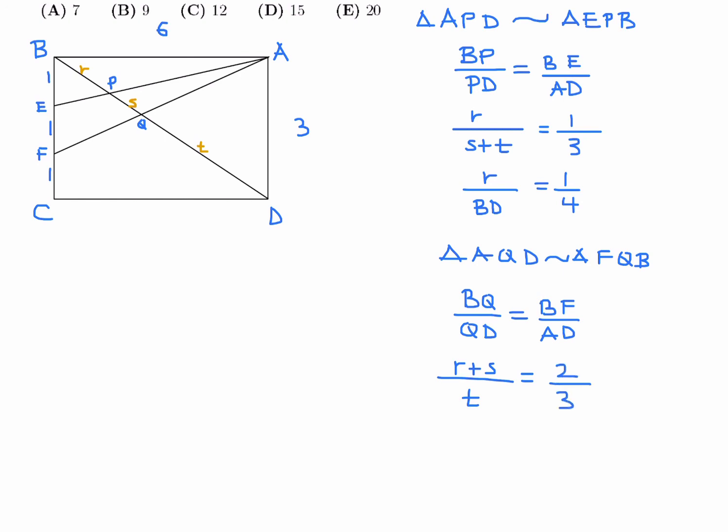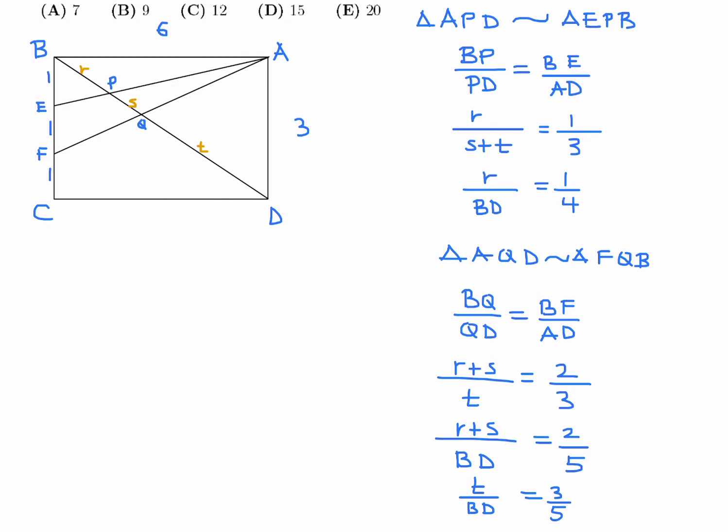So again, in a very similar way, this over this is 2 over 3. So I can conclude that R plus S over the full distance, which is BD, would be 2 over 5. All right. So another thing I can conclude is that T over BD would be 3 over 5. So whichever one you feel is more helpful. I think this one is actually more helpful.